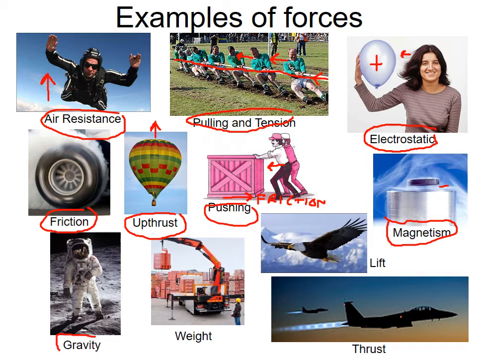Now, these two are very closely related to each other. Really, they're the same thing, gravity and weight. I'll put the equal sign in there. The astronaut here is on the moon. He has a very small weight because the moon has a low mass. It's a small object, much smaller than Earth, and there is less gravity on the moon.